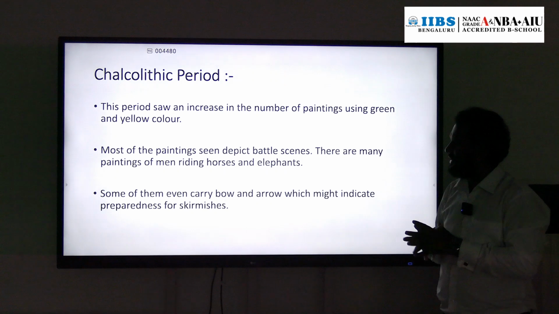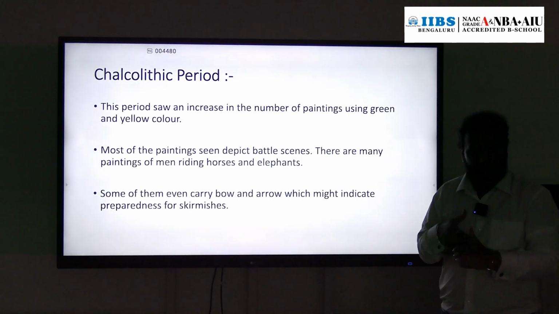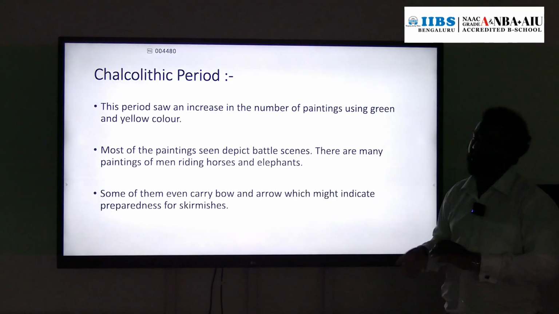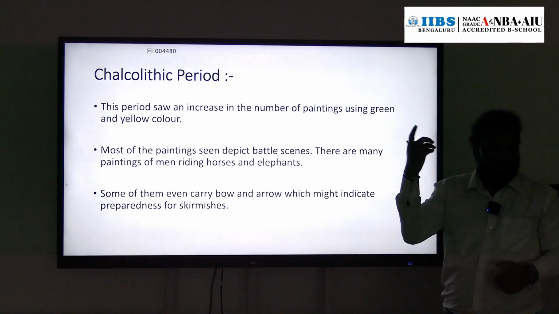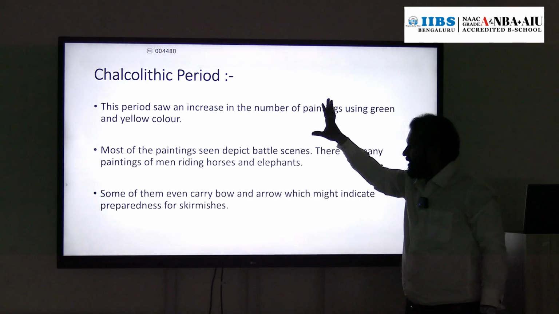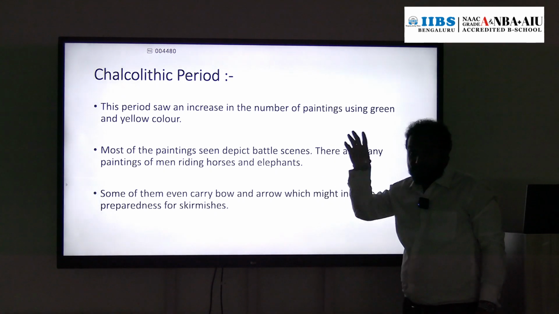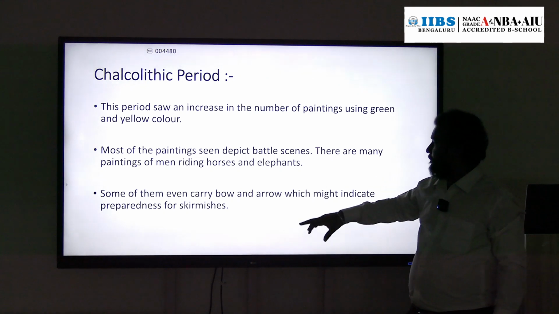In the Chalcolithic age, there was an increase in the number of paintings as well as in the usage of green and yellow colors. Most of the paintings depicted battle scenes.